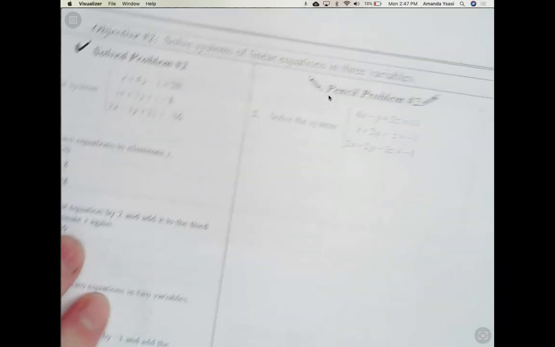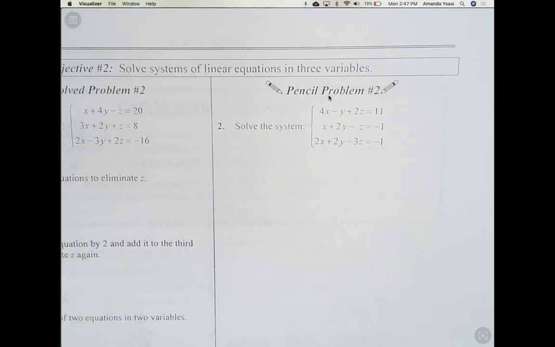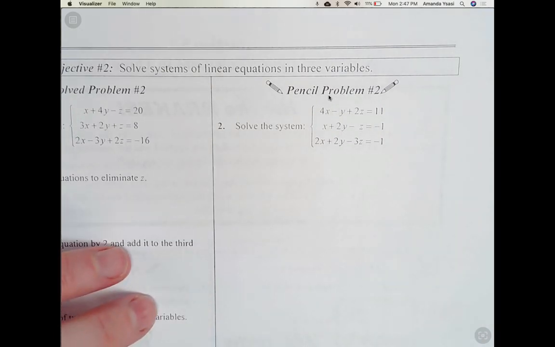Okay, so what could we do? How could we solve it out? What do you think? So we need to solve one of the equations. Okay, so which one do we want to solve for? We want to solve for x or y?